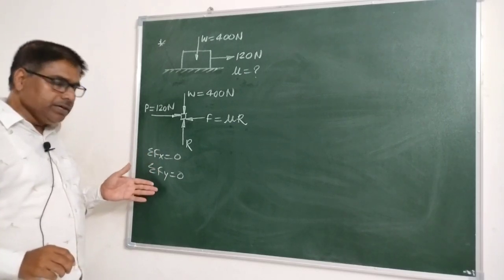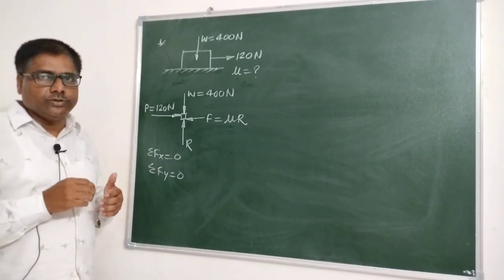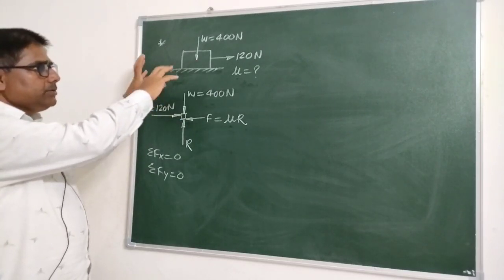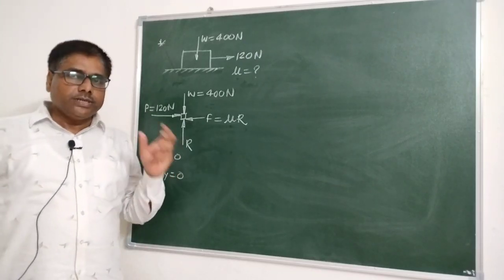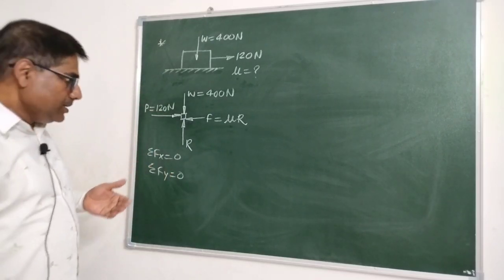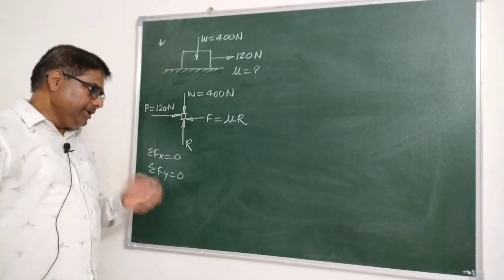These are the equilibrium conditions. There is one more equilibrium condition, that is sum of the moments is equal to 0, which is not required here because we are not going to take moment of any force. Taking moment of force is required in ladder friction problem. We will learn that problem in subsequent videos.